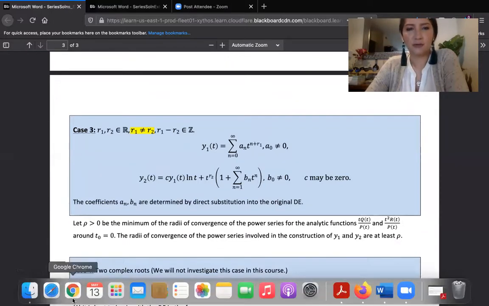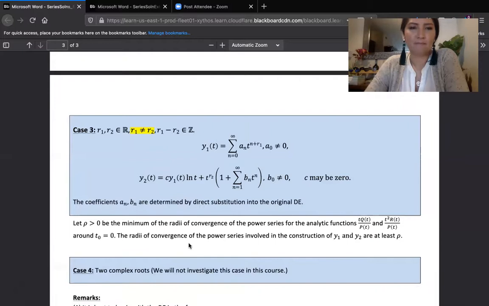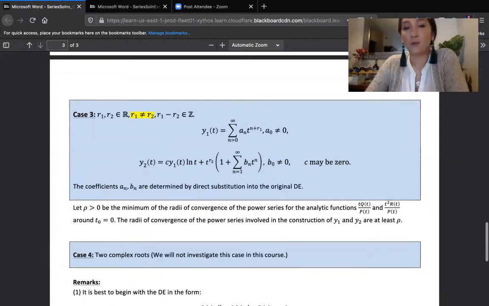You'll substitute into the equation. And because y1 is a solution, often the terms involving y1 cancel. Or the terms involving y1 multiplied by the natural log of t, or y1 prime multiplied by natural log of t, or y1 double prime multiplied by natural log of t. All of those you can group together, and typically they cancel.